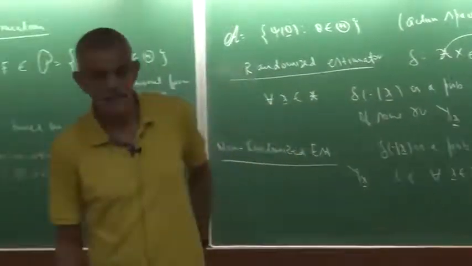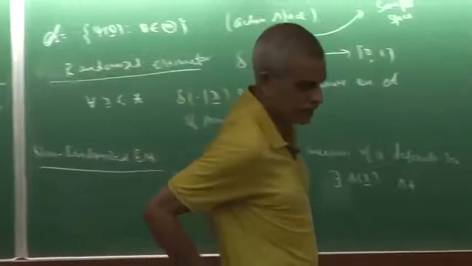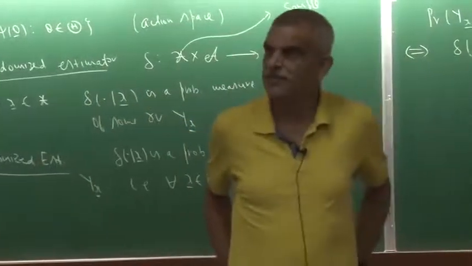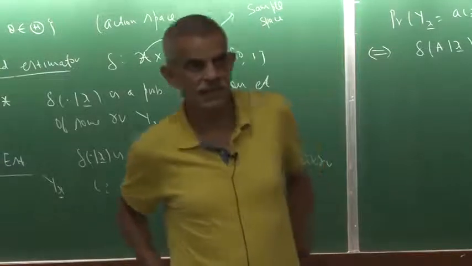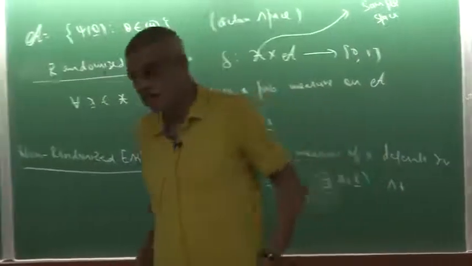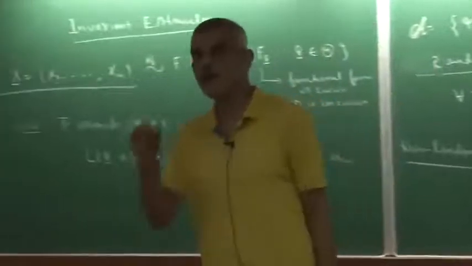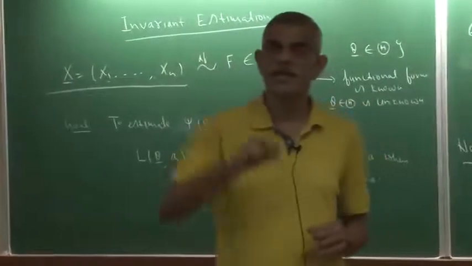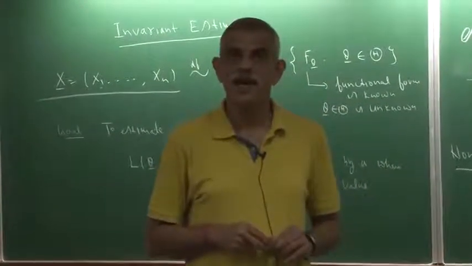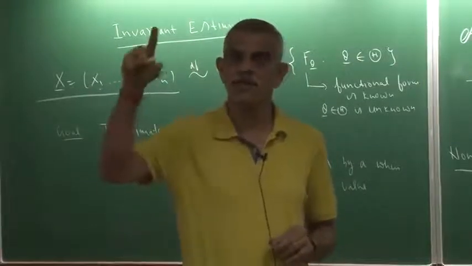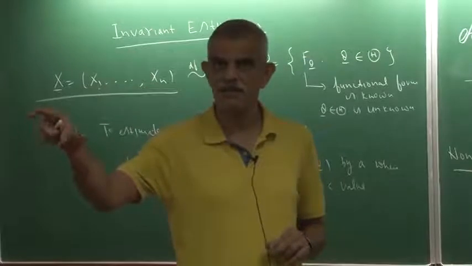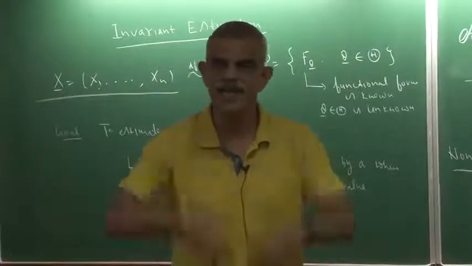As I said, one example of a randomized estimator: suppose the sample is of size 1 and X is normal(theta, 1). You observe x, and after observing x, I go to my computer and generate one sample of size 1 from normal with mean x and variance 1, and I take that as an estimator.